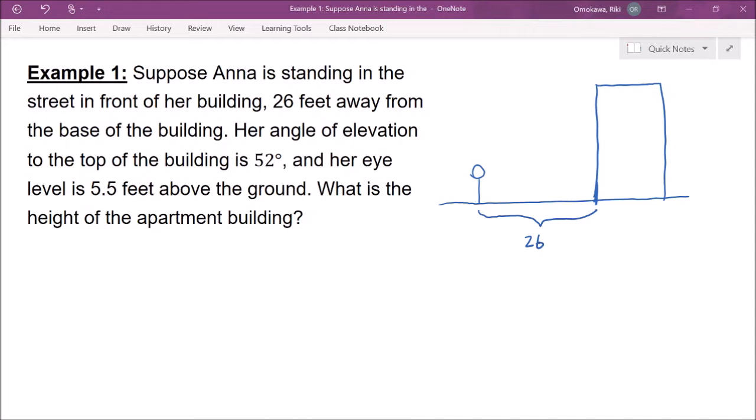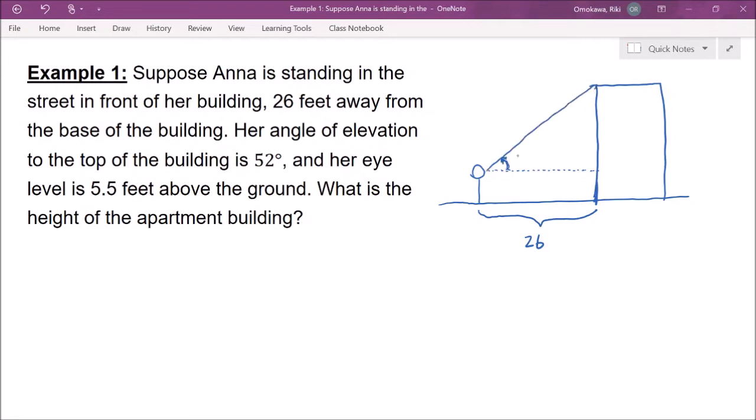So we've got to sketch that. And again, don't forget, let's draw the horizontal here, as in the direction she would be looking if she was looking straight forward. And then the angle of elevation, that 52 degrees, is she's looking up at the building like so.